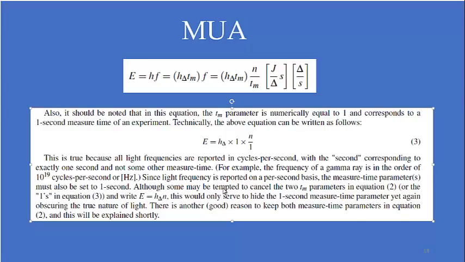Although some may be tempted to cancel the two Tm parameters in this equation, this would only serve to hide the 1 second measure time parameter, yet again obscuring the true nature of light. There's another good reason to keep both these measure times in the equation, and I will explain this shortly.